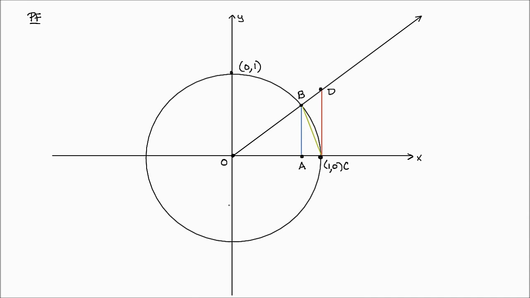And now we're going to compare lengths. I know that this is going to be kind of weird looking. So let's go ahead and talk about the logic of what we have in front of us. The first thing to note is that since this is a unit circle, in other words, the radius is 1, and if we call this angle theta, well, on a unit circle, the arc length that we cut out is going to be the same as the angle.